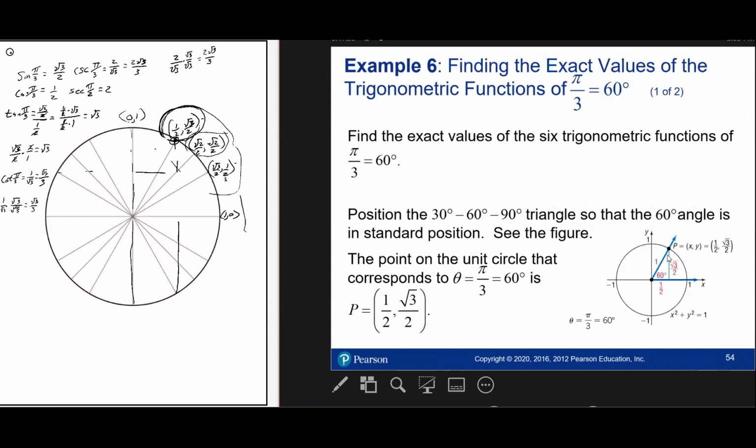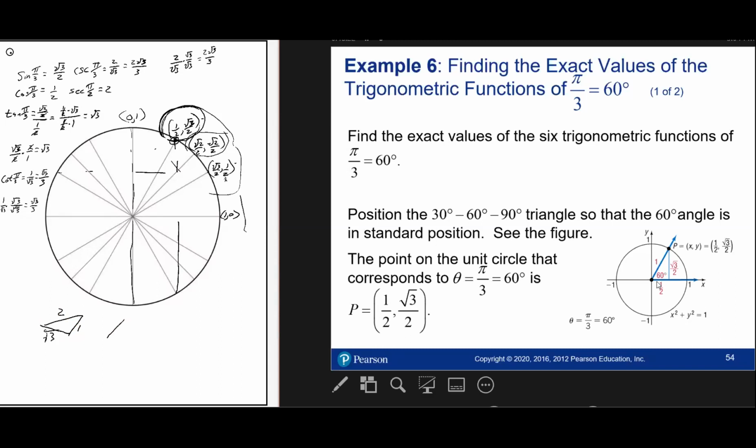And this is a 30-60-90 degree triangle. And so that's how come we have these measures here. In the 30-60 degree right triangle I use, the hypotenuse is 2 and the shorter side is 1. So it's 1, 2, and square root of 3.